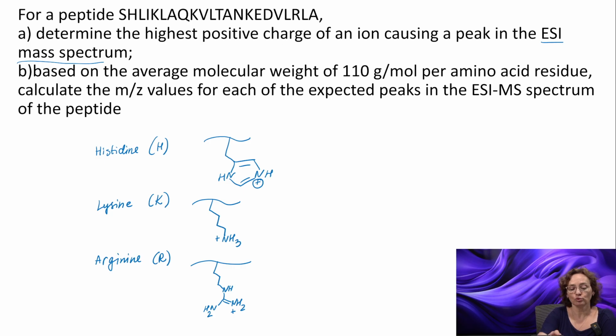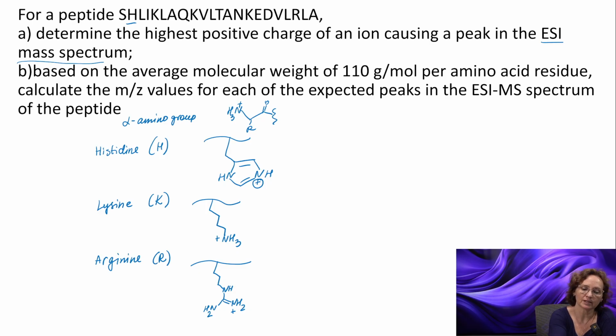In addition to those amino acid side chains, we have alpha amino group. The amino group for the N-terminus, right? That can be also protonated. So by counting this type of amino acids and including alpha amino group, we will know what is the highest positive charge that this peptide can get.